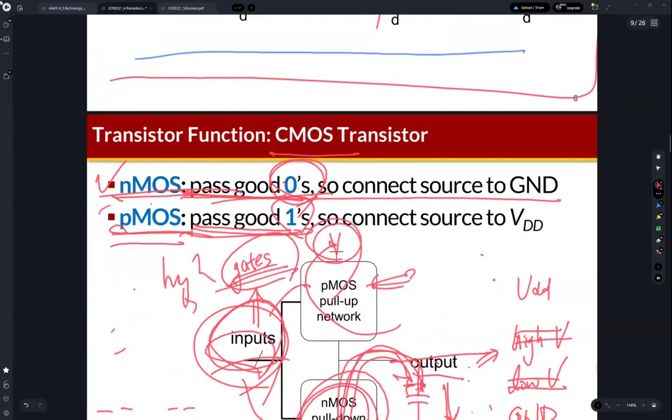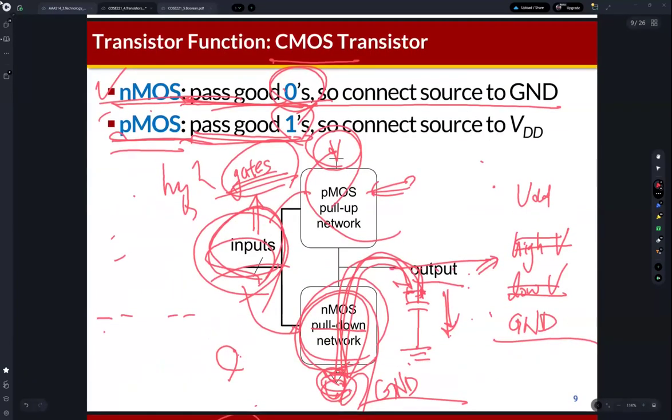And so we can build a basic logic gate using transistors, but we need to use both NMOS transistors and PMOS transistors for building a basic logic gate. It is because of the real characteristics of the MOS transistors.